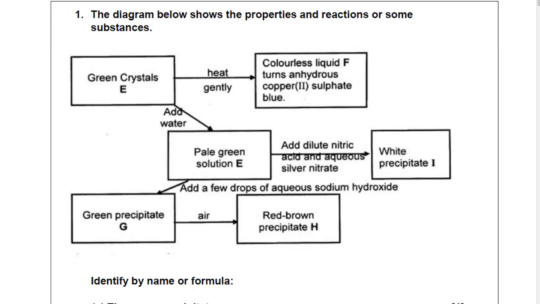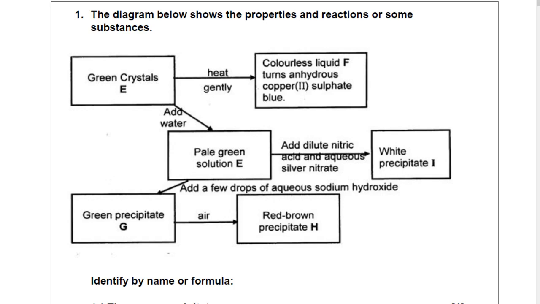We see green crystals being heated, forming colorless liquid F. We also observe there that to the same crystal E, there's addition of water forming a pale green solution. As you go to your right, you add acidified silver nitrate to form a white precipitate.